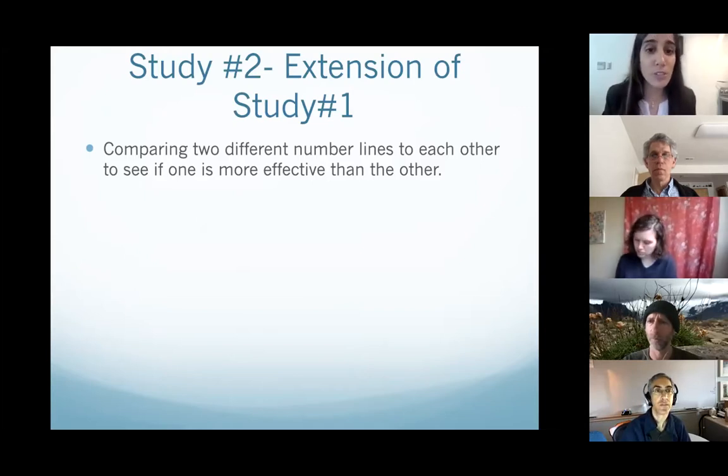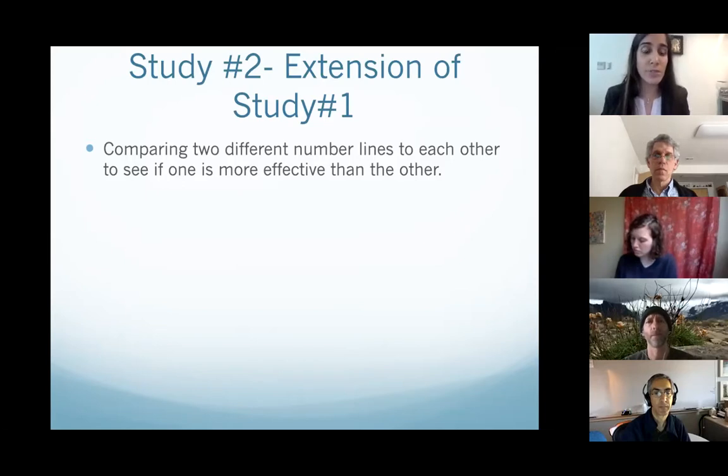The unidimensional number line is just a straight line, which has 0 and 1 as its endpoints. The two-dimensional number line is the thin rectangle that we saw earlier that was used in my earlier study, which can also have the endpoints 0 to 1, but is in the shape of a rectangle. So I wanted to compare those to each other.